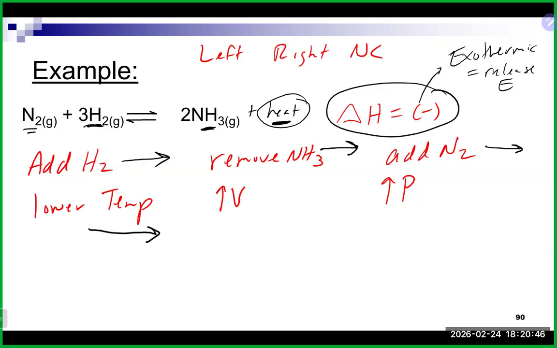It does depend on some factors. It depends on the bonds you're making and breaking. So there's a whole kind of accounting of what you're putting together or what you're breaking.